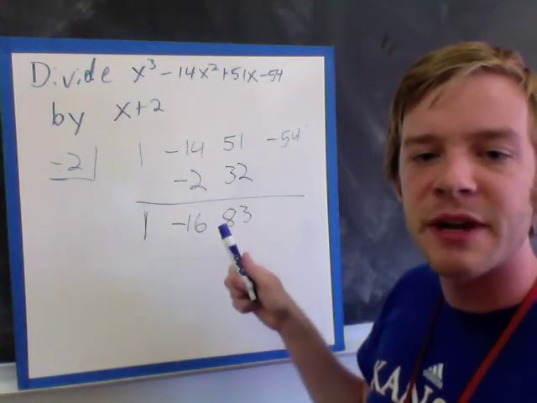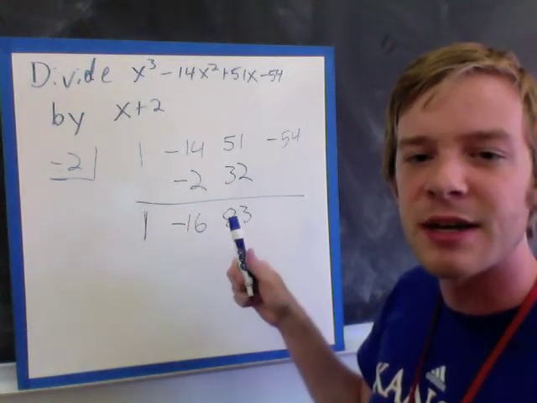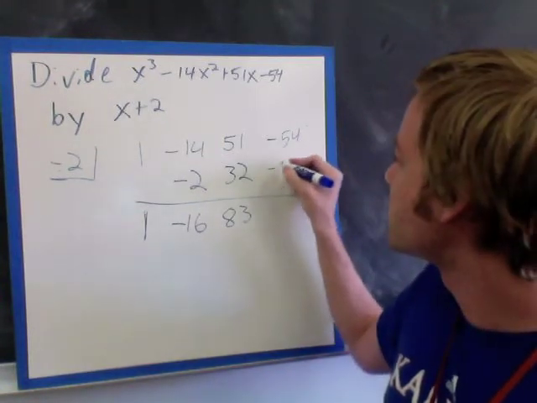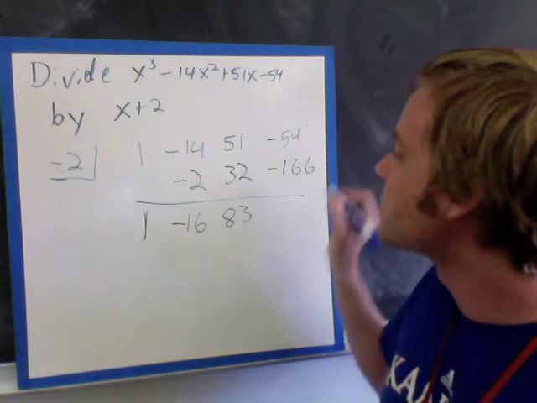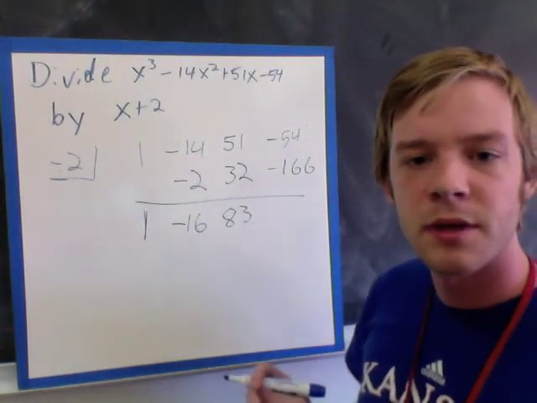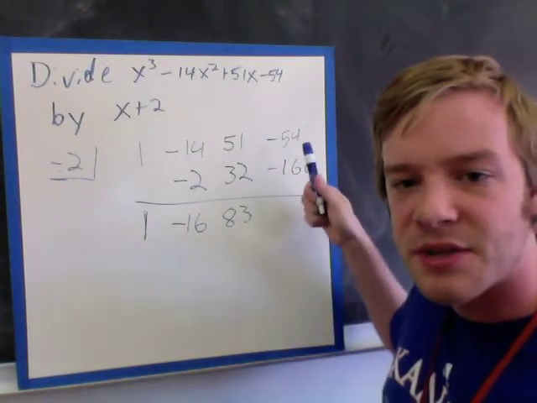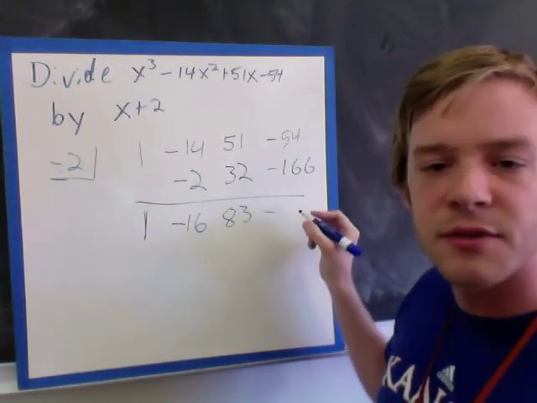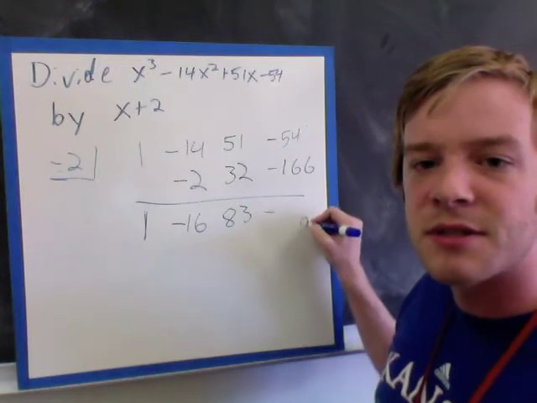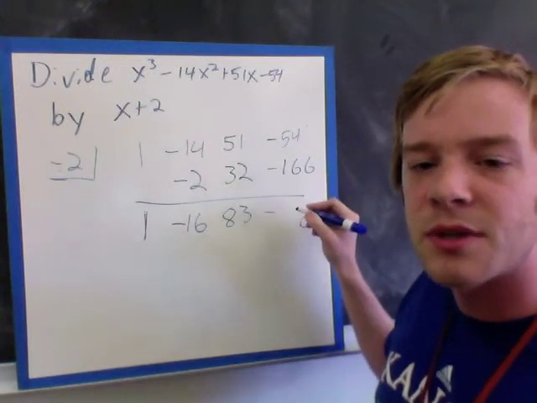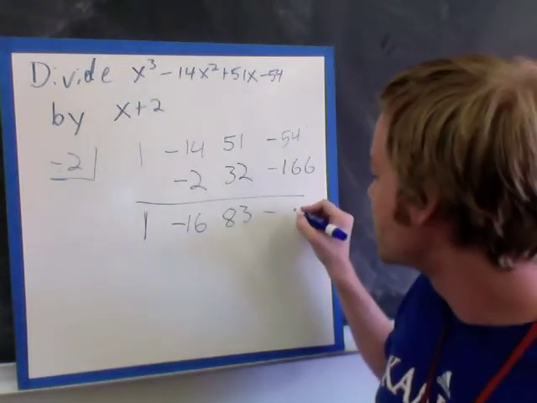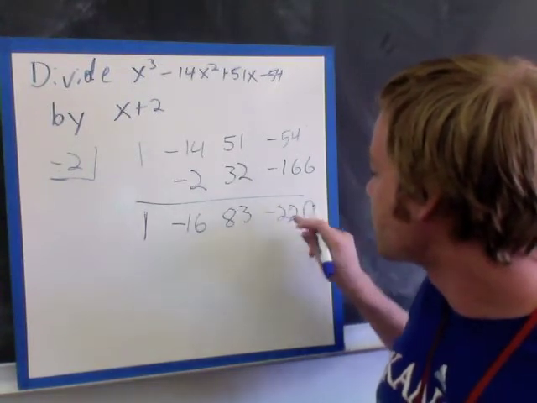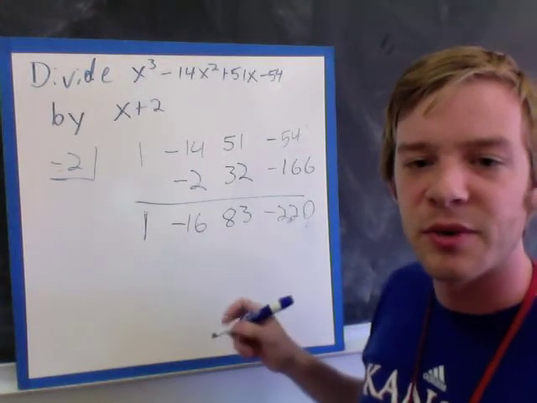Negative 2 times 83 should give me a negative 166. And then when I add straight down, I am going to have a negative 220. I had to do that one in my head there.